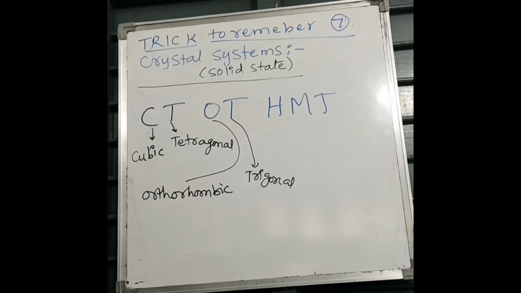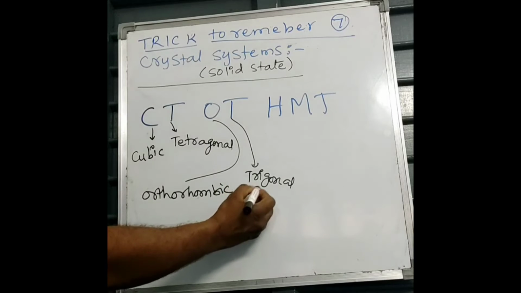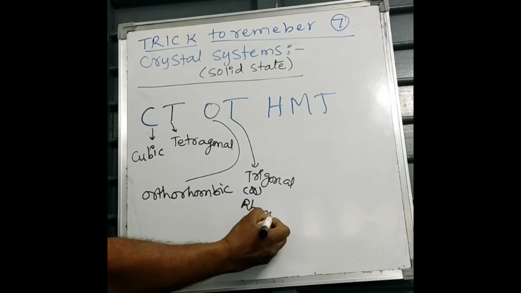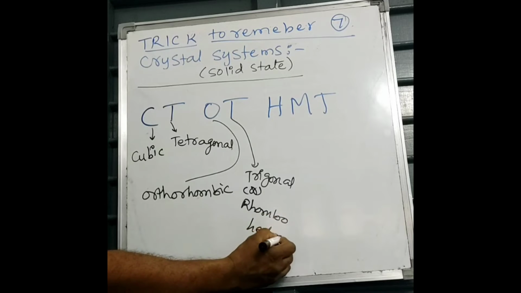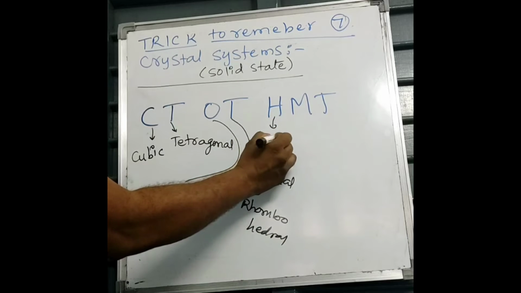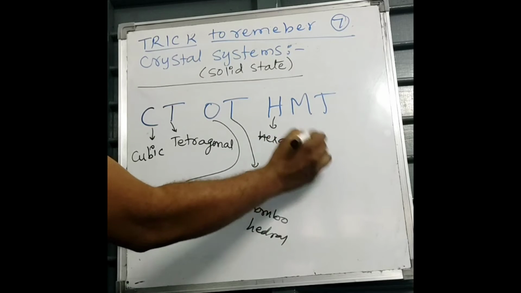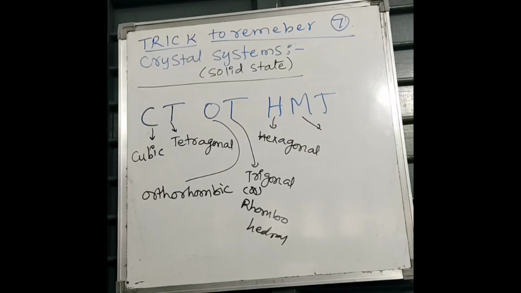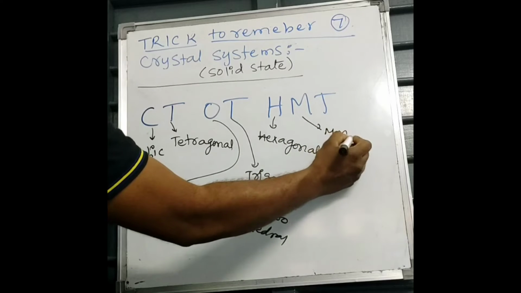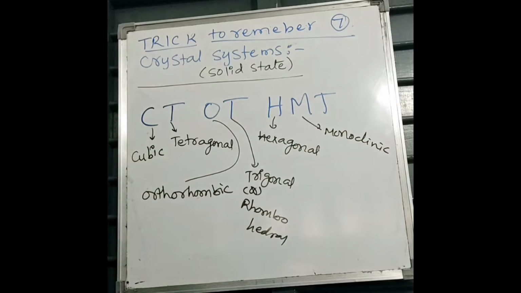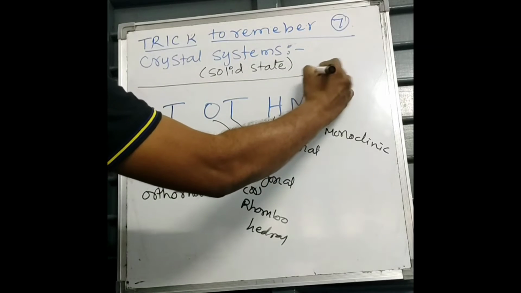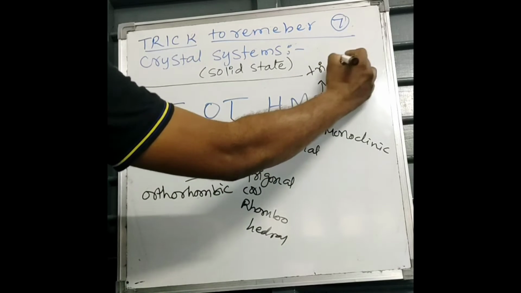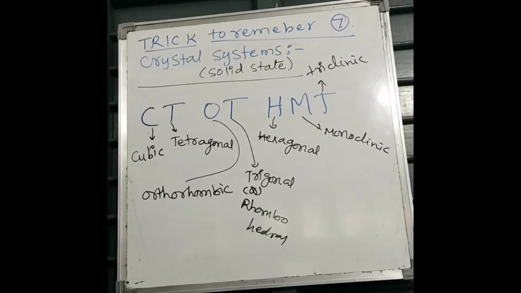Trigonal is also called rhombohedral. Hexagonal, where M stands for monoclinic. T stands for triclinic. So for these systems, how to remember axial angles and axial lengths in a proper order.